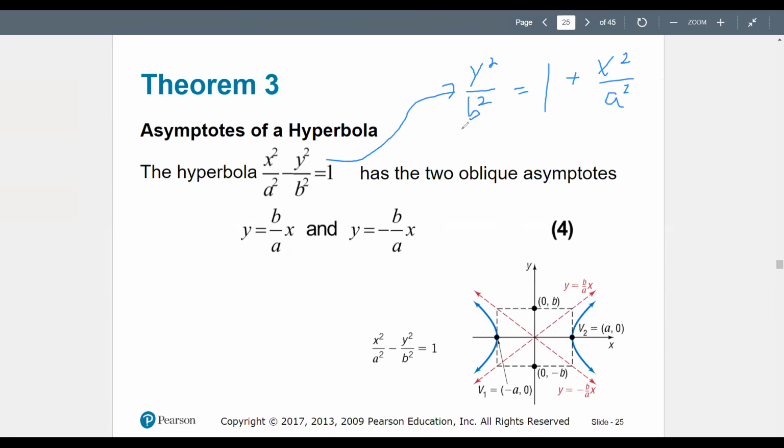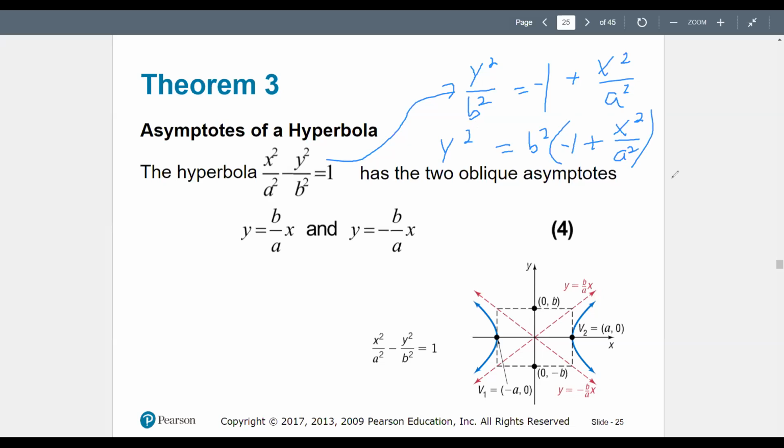And then if we multiply b squared to both sides, that makes this a negative. Makes this a negative.